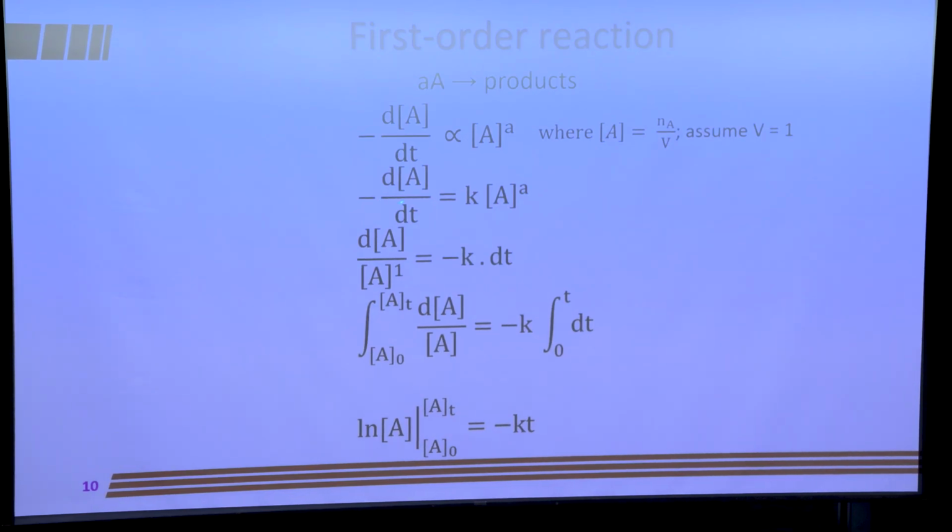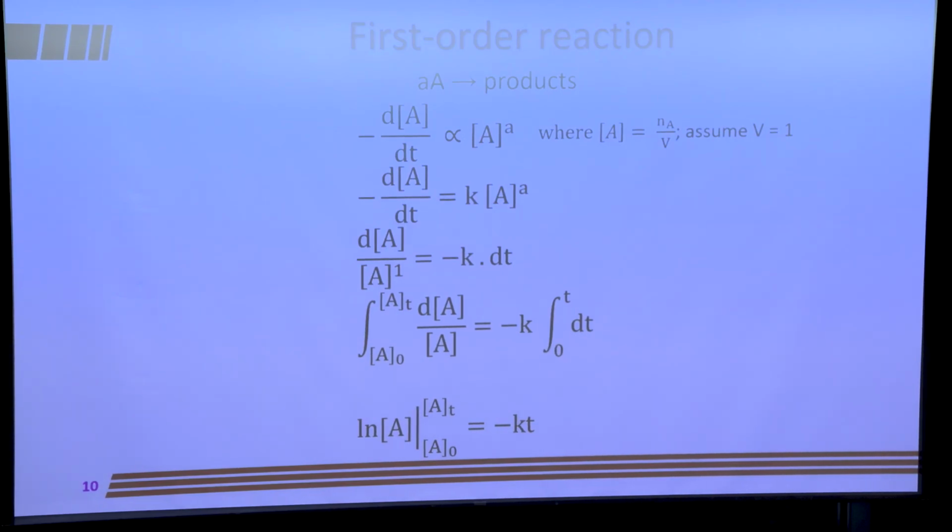So we have minus the change in concentration of A with respect to time equal to the rate constant times the concentration of A to the alpha. And so if a reaction is first order, alpha is 1.